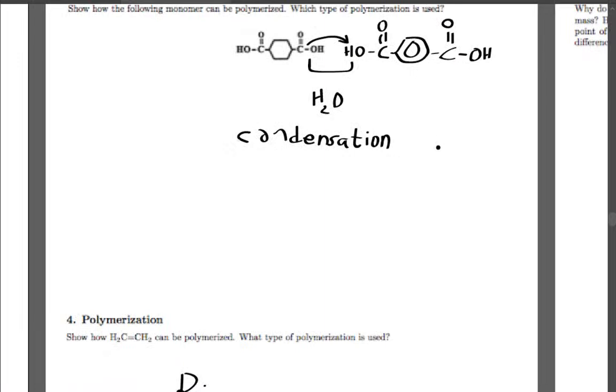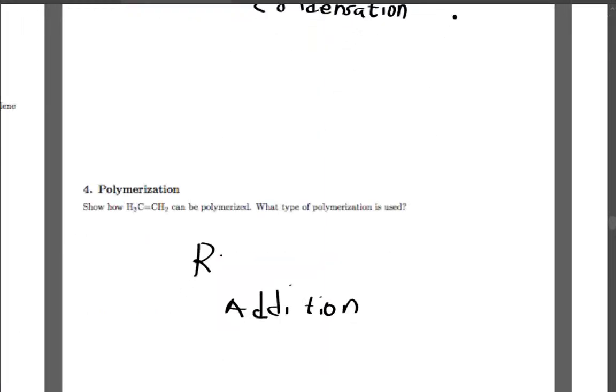And then show how ethene can be polymerized. What type of polymerization is used? We use addition, because I see the double bond, which means that using a radical could work.